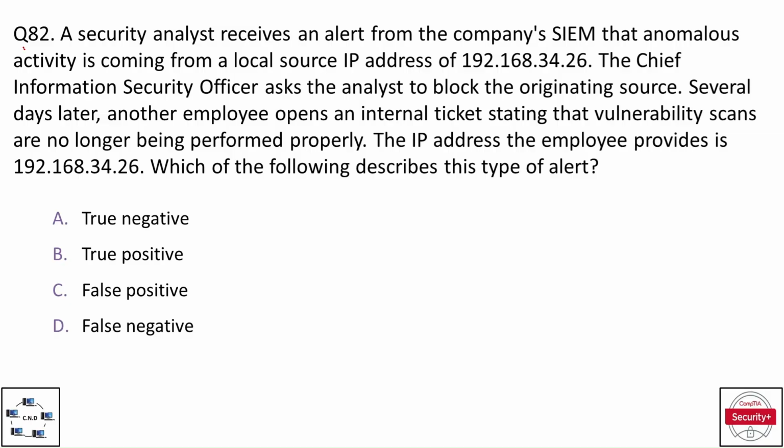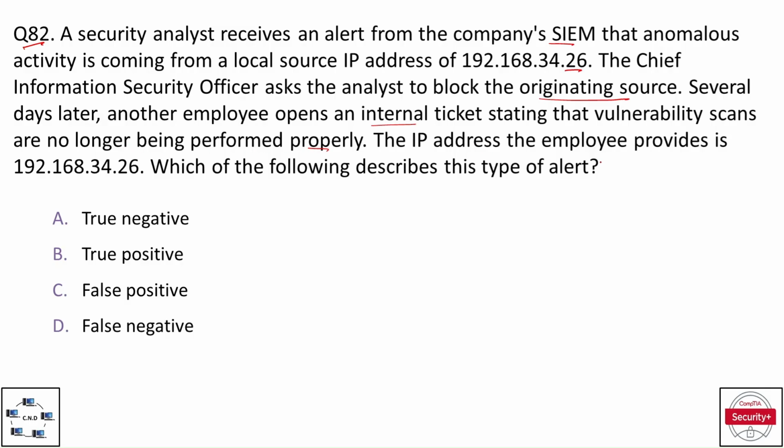Question number 82. A security analyst receives an alert from the company's team that anomalous activity is coming from a local source IP address of 192.168.34.26. The Chief Information Security Officer asks the analyst to block the originating source. Several days later, another employee opens an internal ticket stating that vulnerability scans are no longer being performed properly.